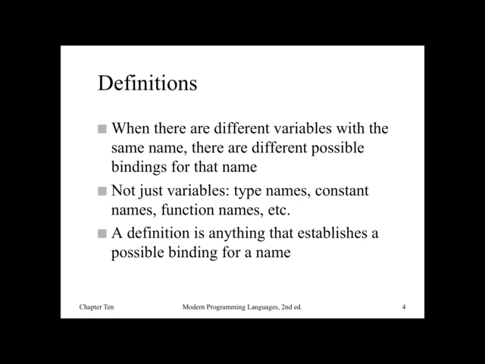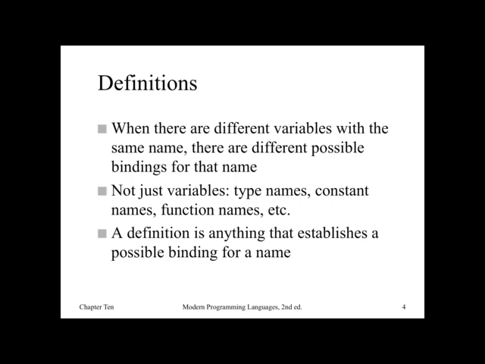And especially in ML, we're not just talking about variables, we're talking about anything: constants, function names, type names, anything, right? So a definition then, and this is a little clunky, slightly complex or tricky, but try to get your head around it.